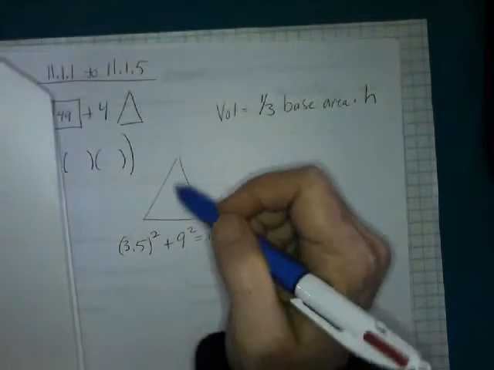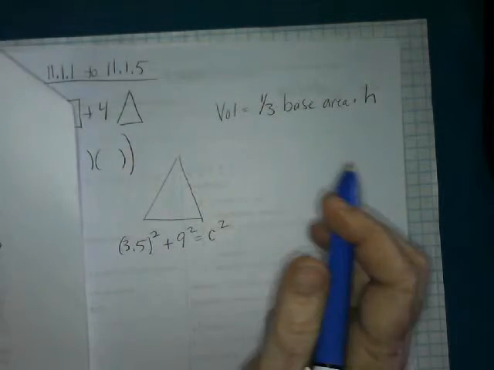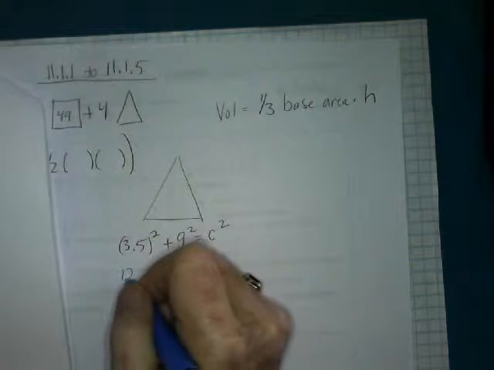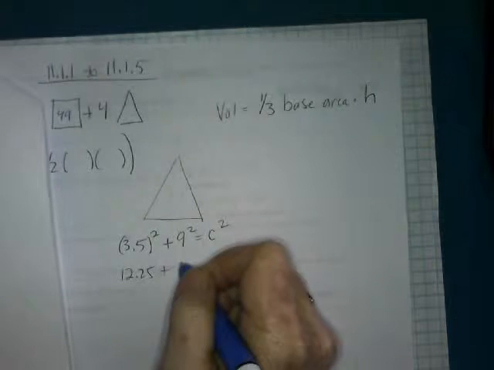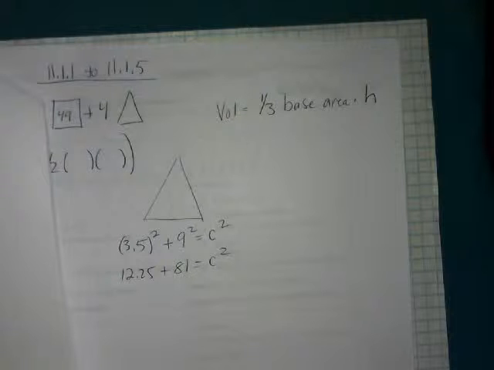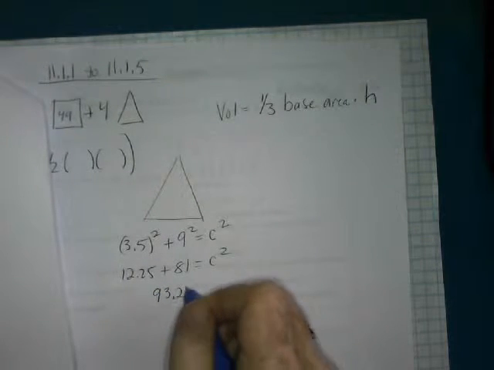Okay, C is going to give me my actual height of my triangle. So 3.5 squared, that's about 12.25. 9 times 9, that's 81. So 12.25 plus 81 turns into about 93.25.